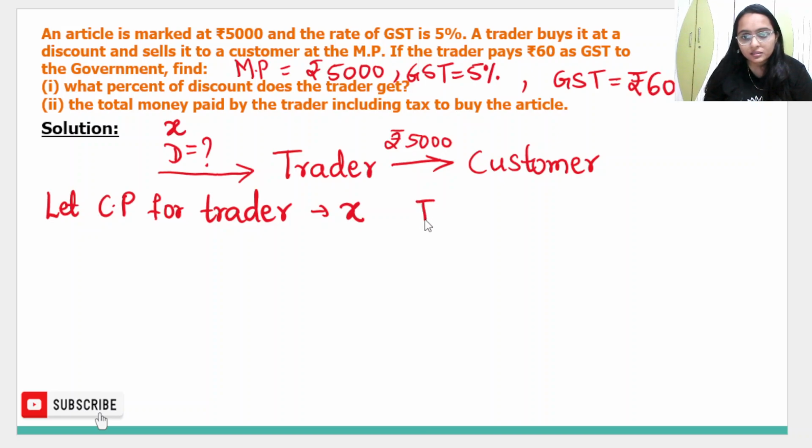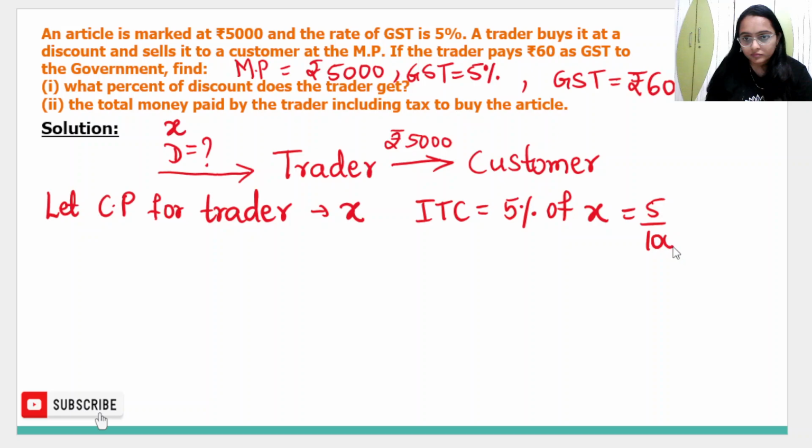So ITC or input tax will be how much? GST percent is 5%, so 5% of X, which is 5 upon 100 times X. When you simplify this, what do you get? 5 ones are 5, 5 twos are 10, and this 0. So it is X upon 20.